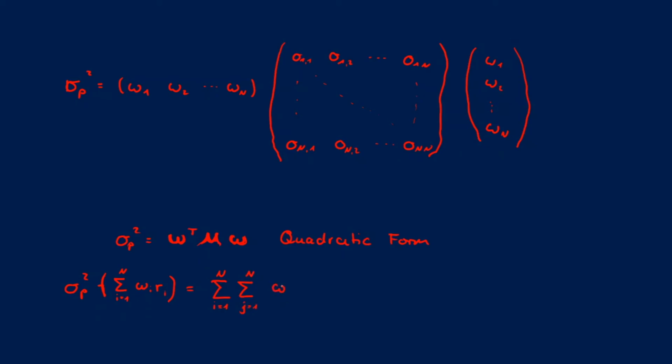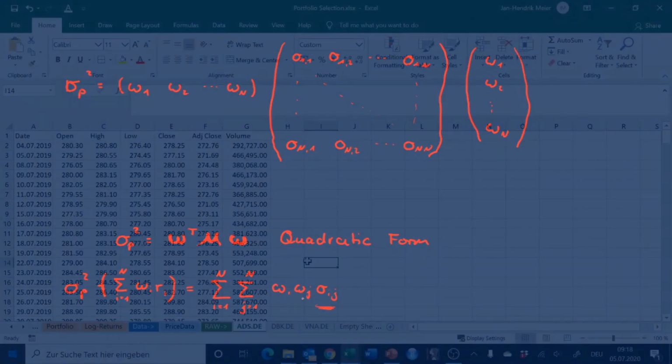And now we need the weights, weight i and weight j, and the covariances, i and j. So this is more or less the sum across the covariance matrix. One of the sums sums the columns and one sums the rows. And this is the covariance matrix that is weighted with the weights.